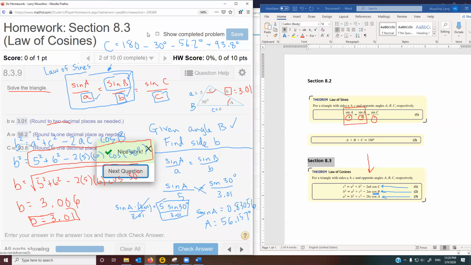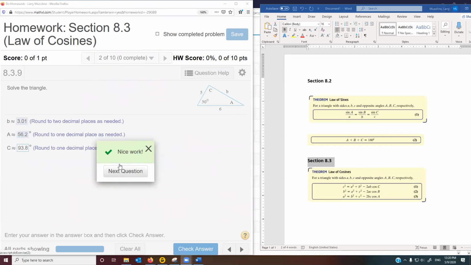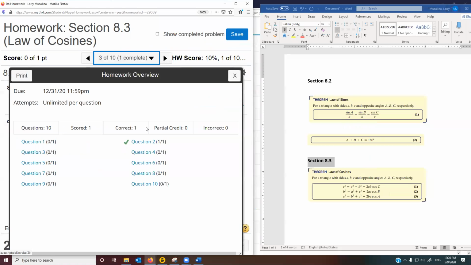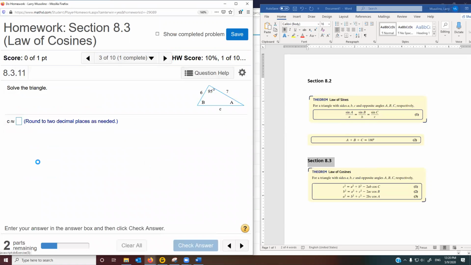All right, let's go to another example here. Let me jump to another example. All right, let's take a look at this one. And again, they're asking me to solve the triangle.